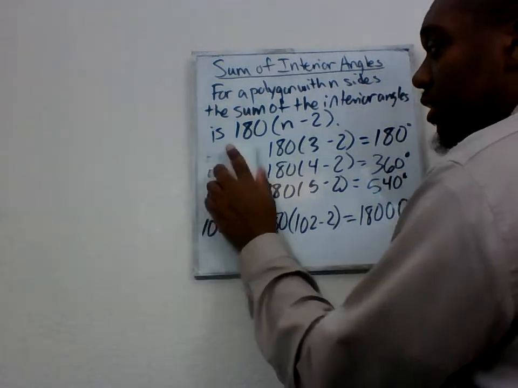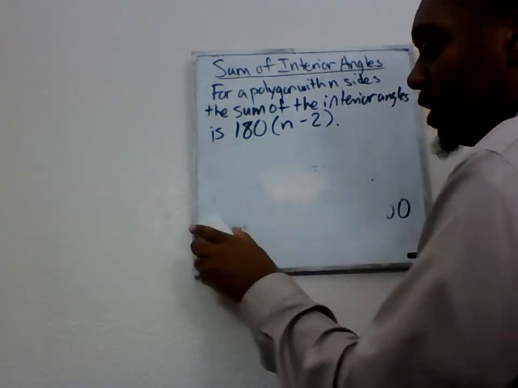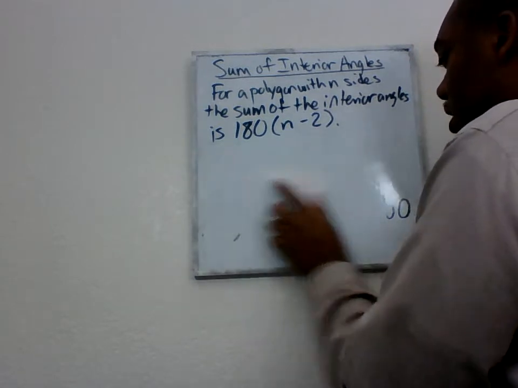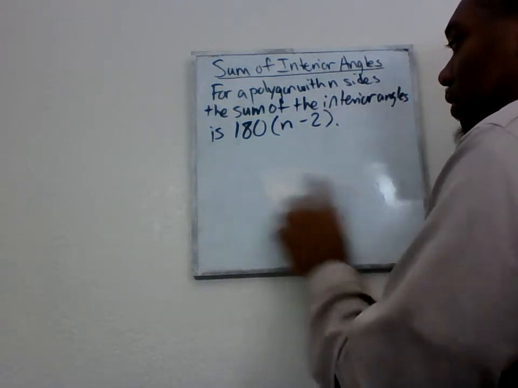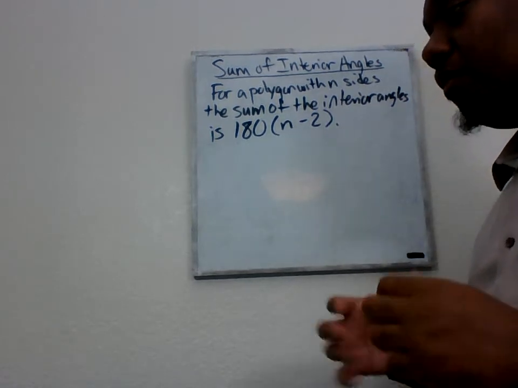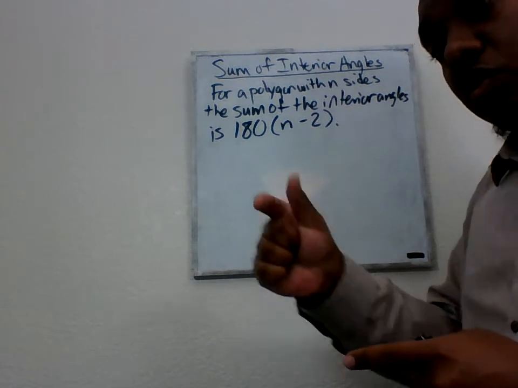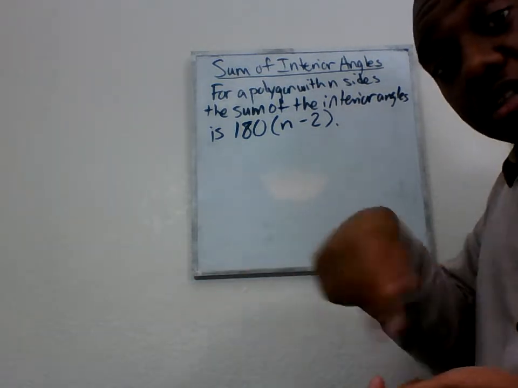So I'm going to erase here. I'll keep the statement up there about the sum of the interior angles. So using the sum, we can then analyze and figure out what the measure of just one of the angles is if they're all, say, the same.